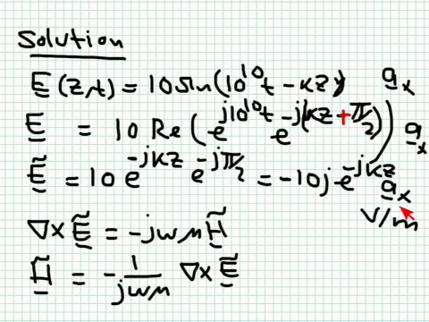It is still polarized in the x direction, but now we're talking about its phasor, E tilde, the field as a phasor. Of course, in the frequency domain, or the time harmonic case, quantities are way easier to deal with. The curl equation is very simple. Curl of E is equal to minus j omega mu H. Then H is equal to minus 1 over j omega mu multiplied by the curl of E. Here we have only an x component, and this x component is only a function of z.